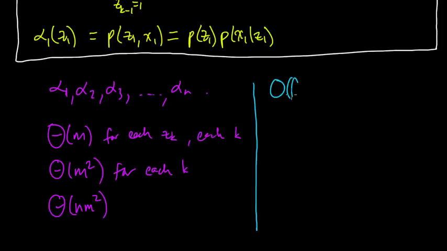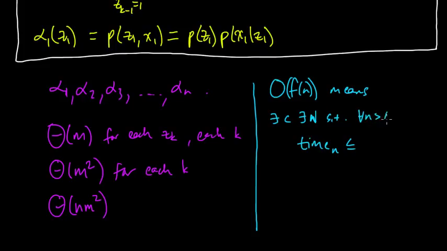Big O: if we say an algorithm is big O of some function f of n, that means there exists some constant c and there exists some number capital N such that for any little n greater than that capital N, the time that the algorithm takes on argument little n is bounded by the constant times f of n.